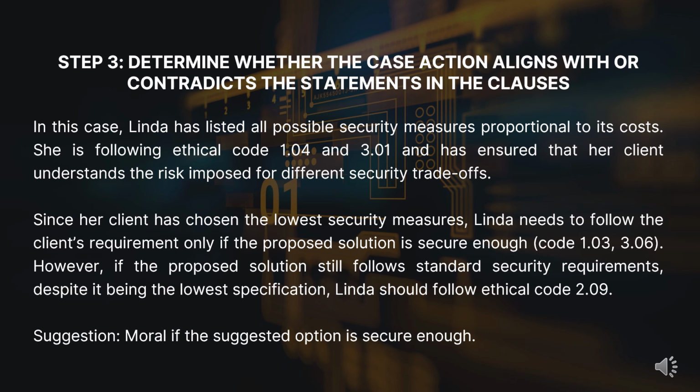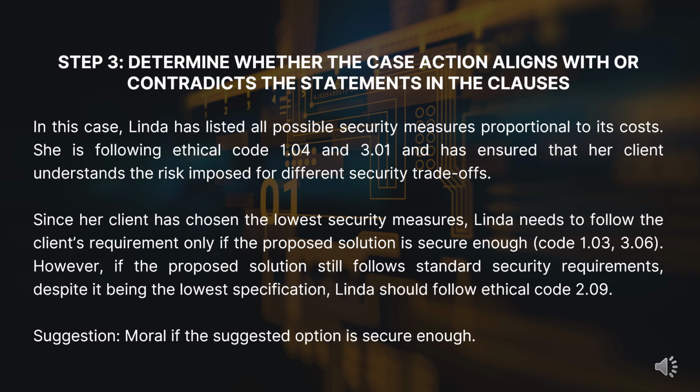So after listing all the related clauses, we have come to step 3, which is to determine whether the case action aligns with the statements in the clauses. In this case, Linda has already listed all possible security measures proportional to their cost to the client, and she is following ethical codes 1.04 and 3.01 and has ensured that her client understands the risk imposed by different security trade-offs.